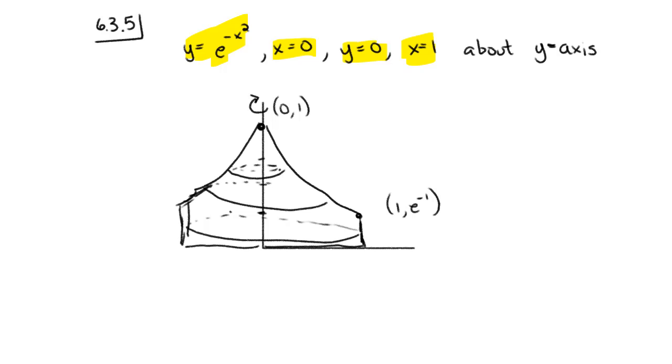We're going to just take a vertical slice here and rotate that slice all the way around. And when you do that, you get this. So you have this shell right here.